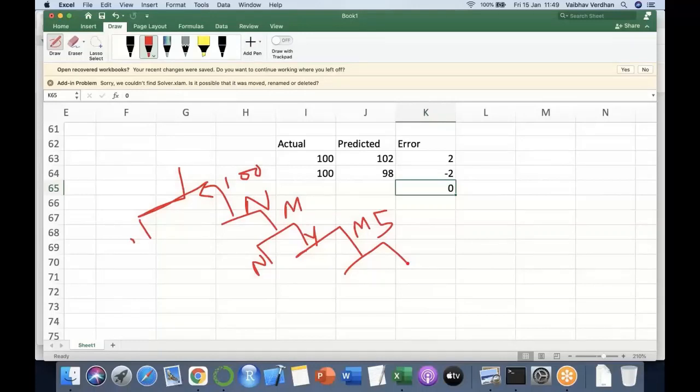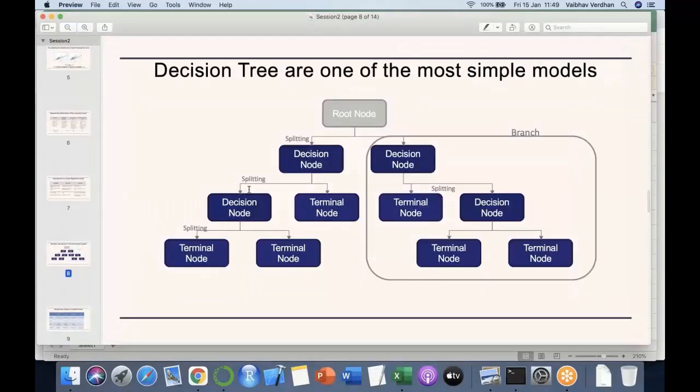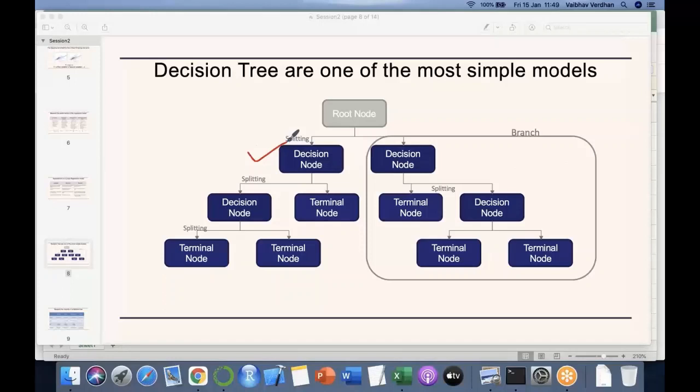So with impurity, once we are splitting these decision nodes, we want them to be as pure as possible.